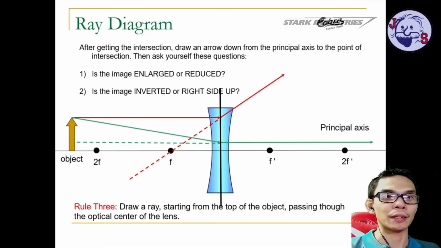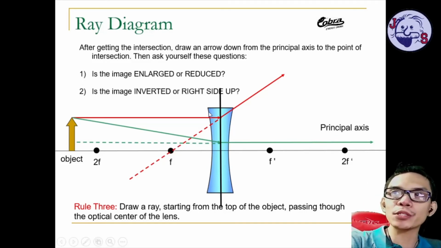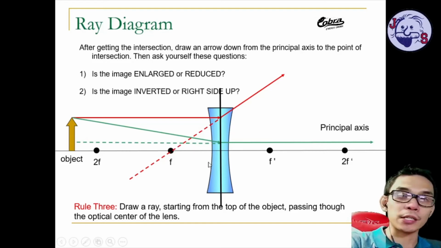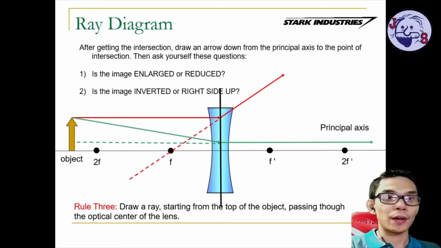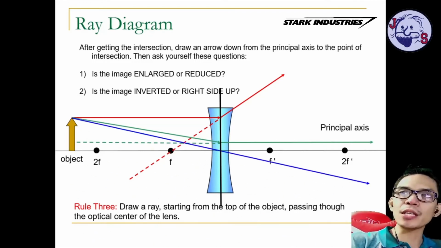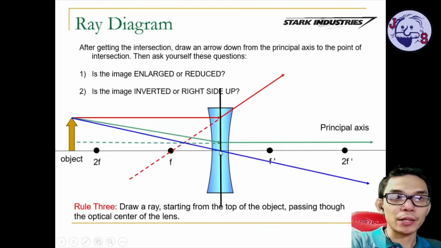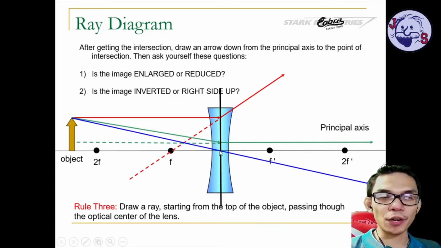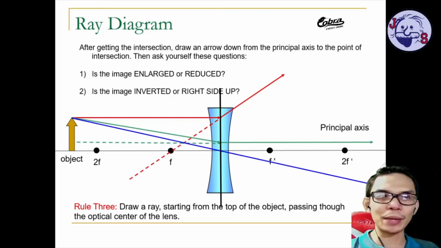It's okay, because as long as you have these two rays, it's more than enough to form the image. This is the optical ray. It goes to the optical center. You can pause this video if you want to draw the image.